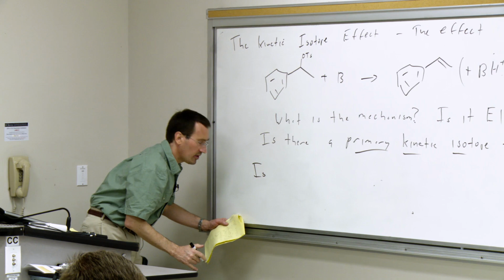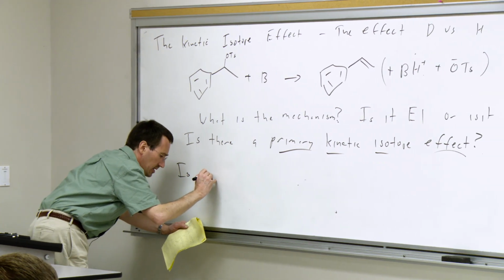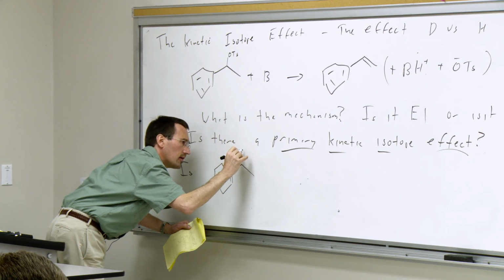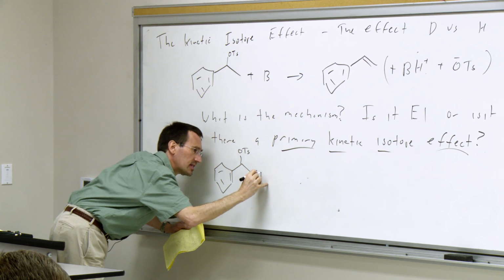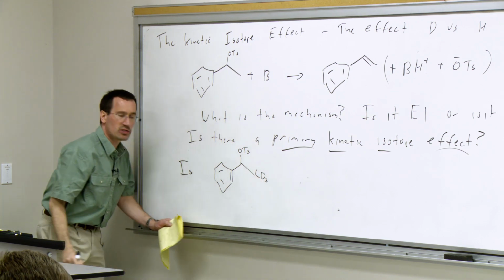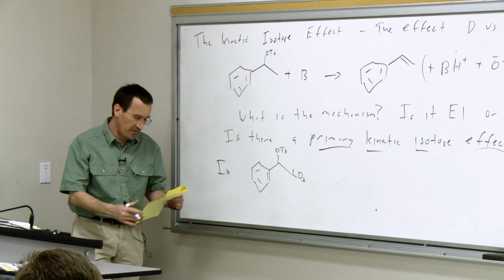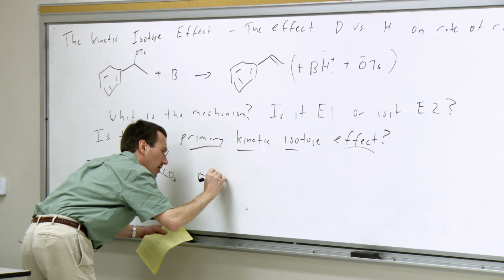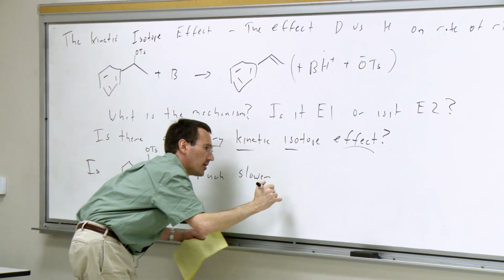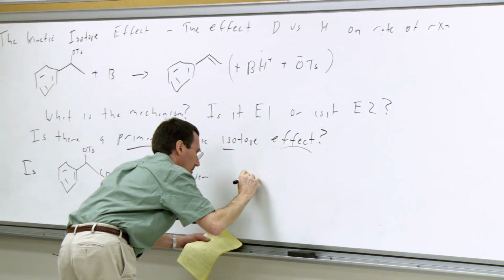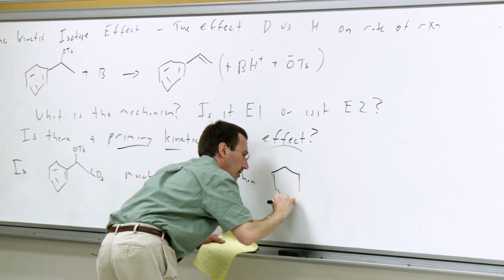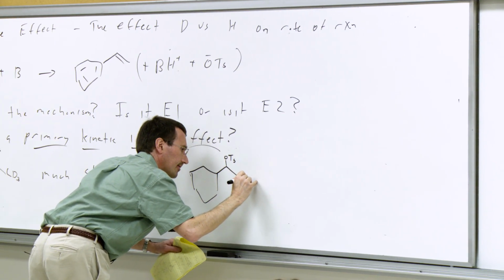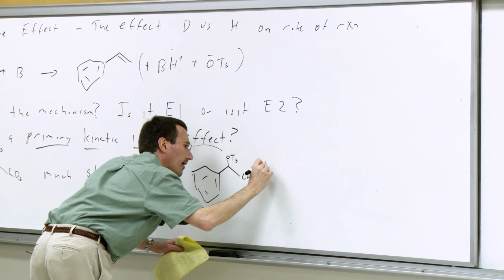And we'll parse this question: if we take the trideuteromethyl compound, the CD3 compound, right? Deuterium is just hydrogen with one more neutron. It's just a fat version of hydrogen. Is the trideuteromethyl compound much slower than the protomethyl compound?